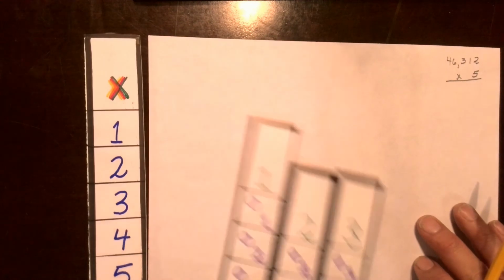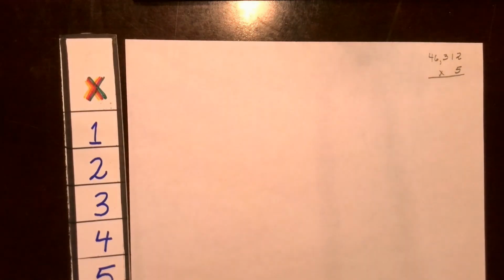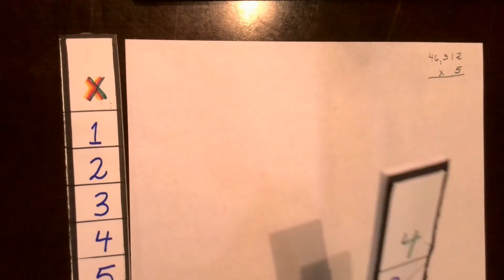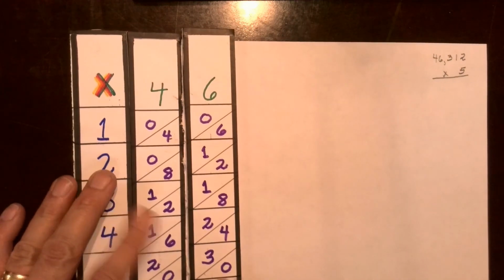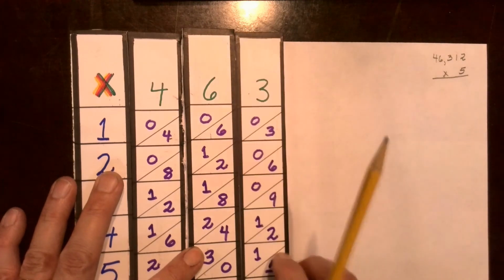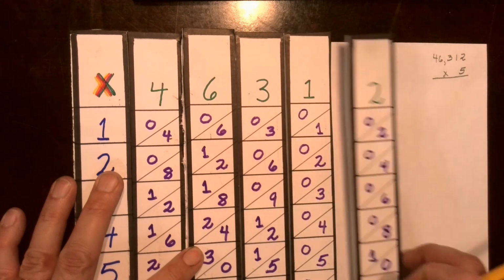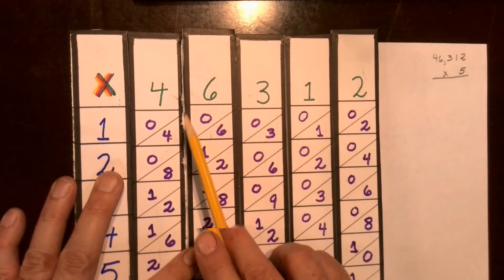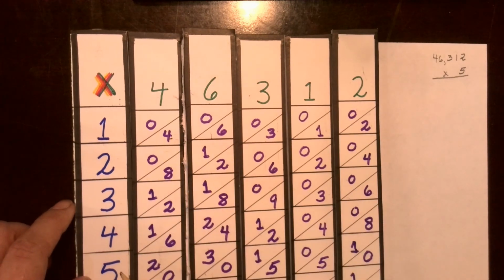Now we're going to do 46,312, and we're going to multiply that by 5. So we take 46,312 up here.